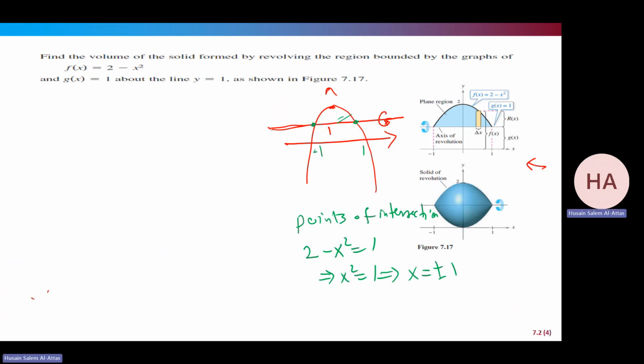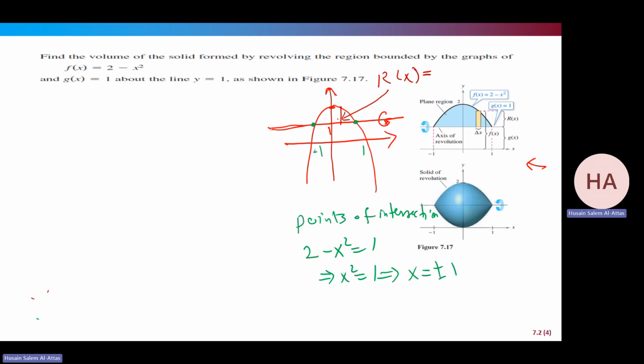Now we'll make the strip, the line. This is an r of x, since it's right on the axis of revolution.